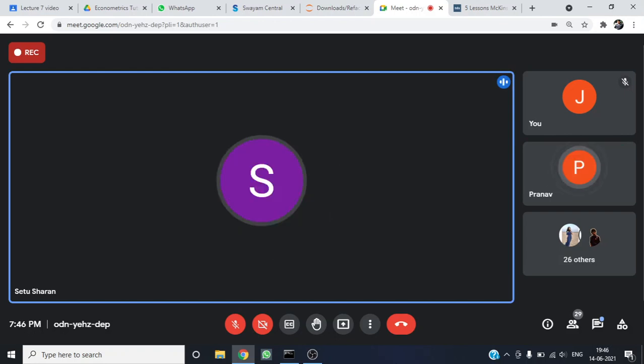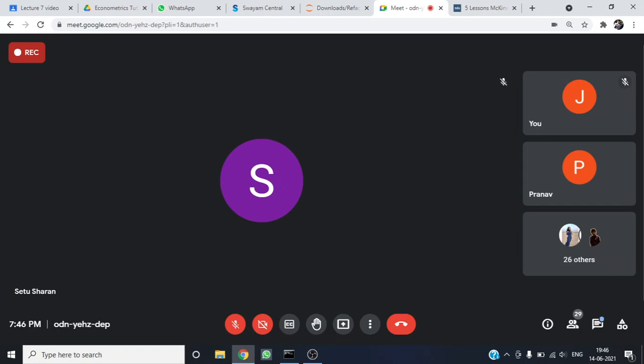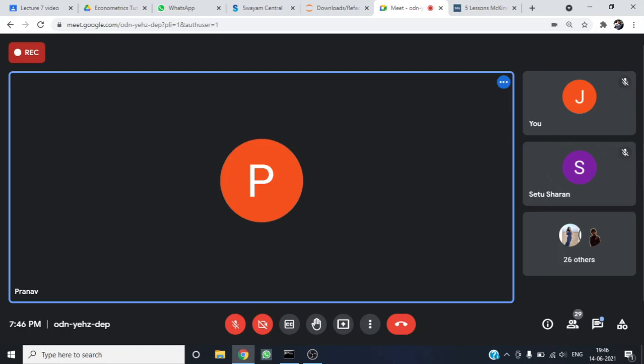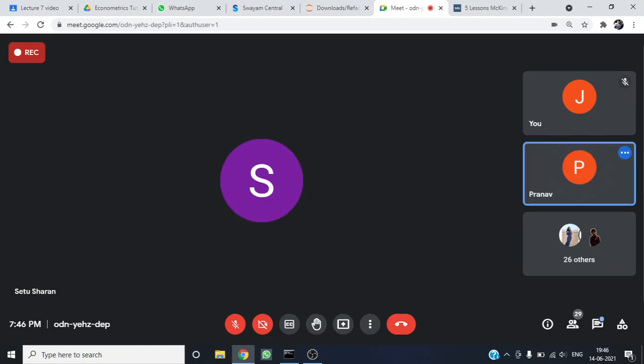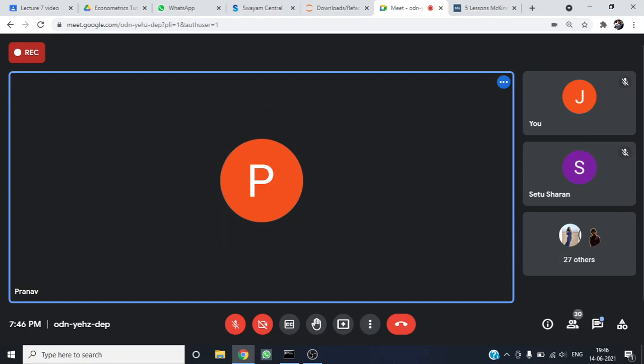Kalki ma'am is about to start her sessions. You're talking about Professor Kakli Mukhopadhyay Setu? Yes, sir. She started the lectures.